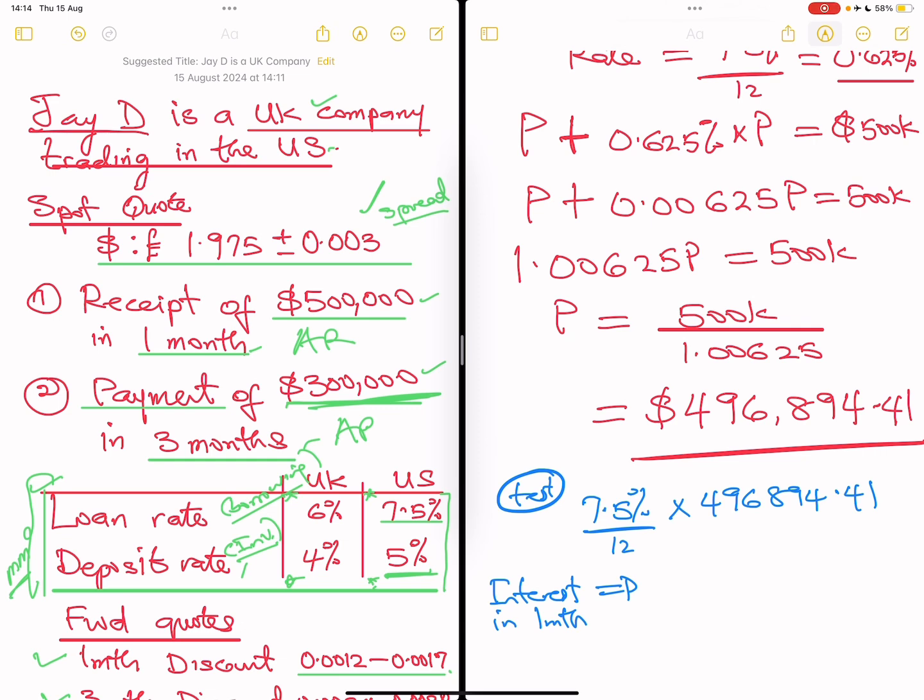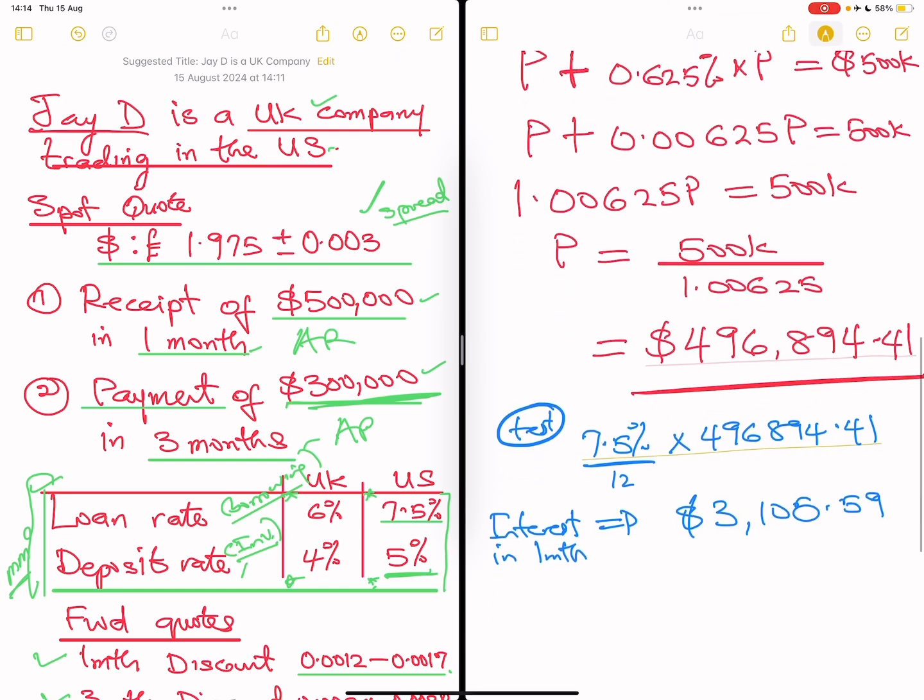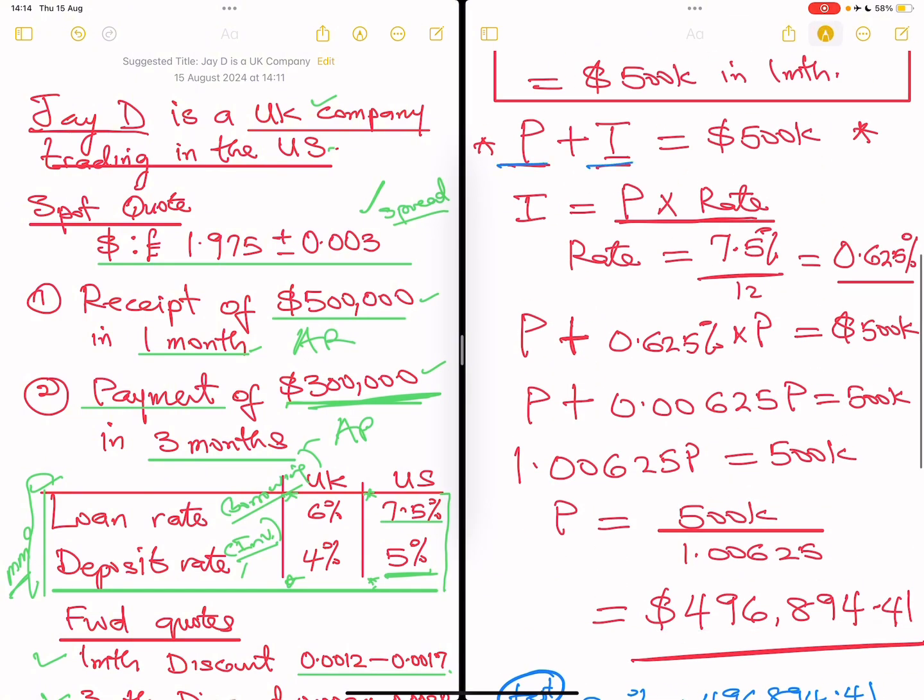So our interest equals 3,105.59. If this is our interest, our objective is to have principal and interest that will be 500,000.